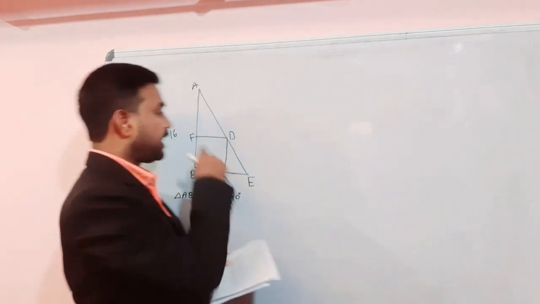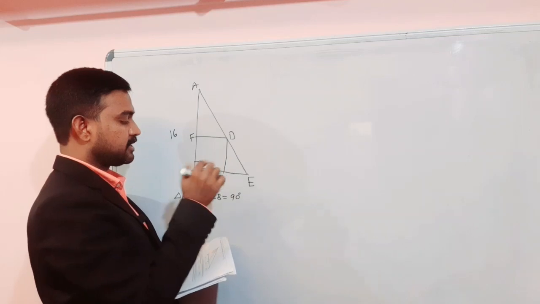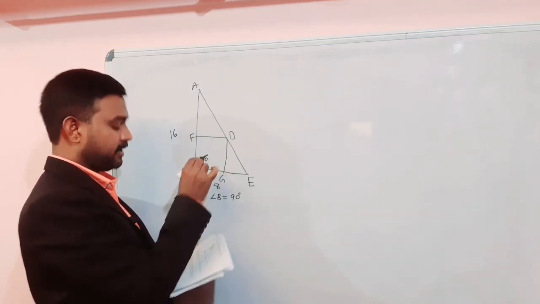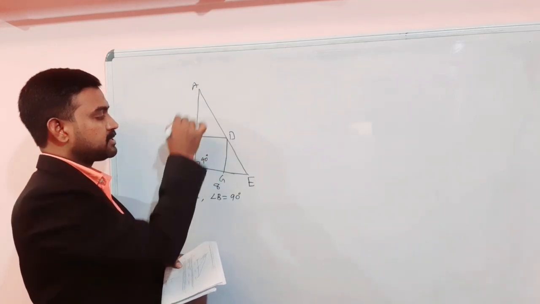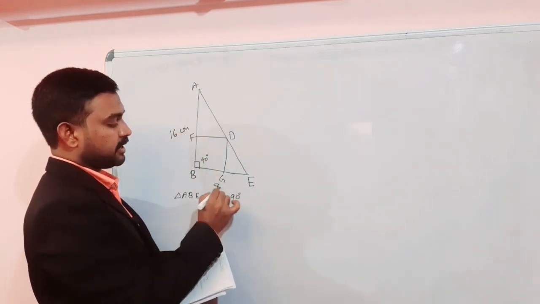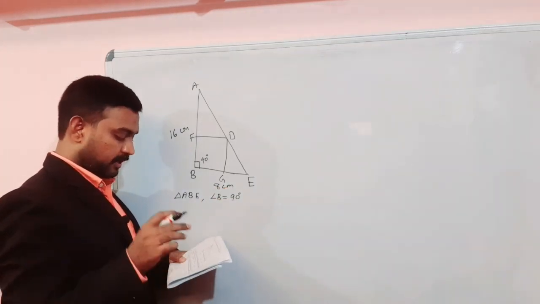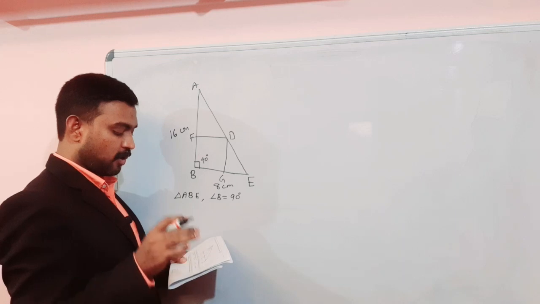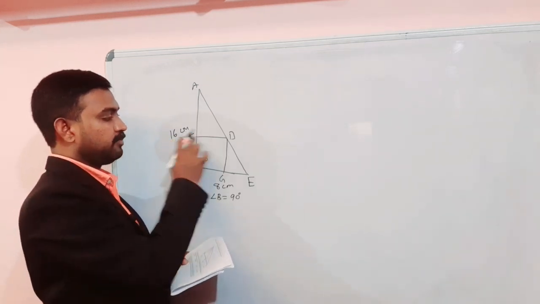Sides AB and BE of a triangle ABE, right angled at B, that means here 90 degrees, are of length 16 and 8. This AB's length is 16 centimeters and BE's length is 8 centimeters. Then find the length of the side of the largest square FDGB.